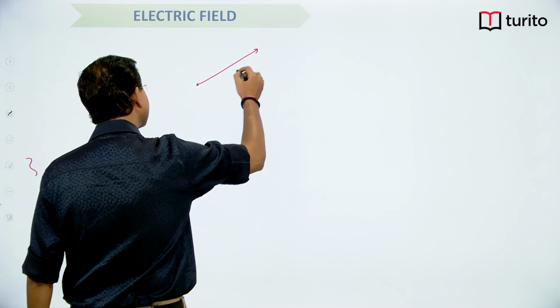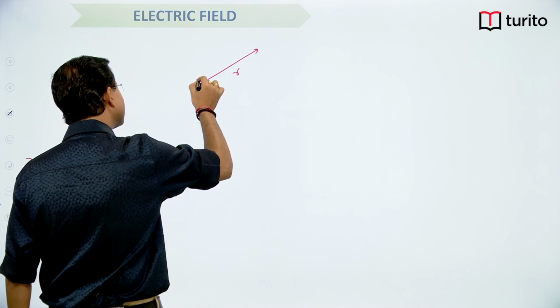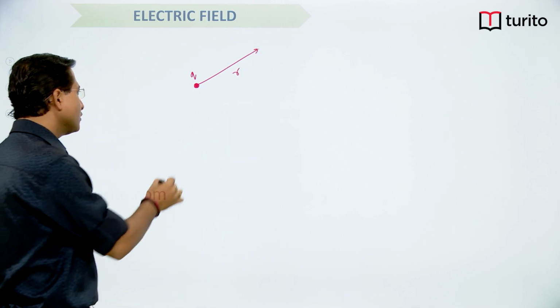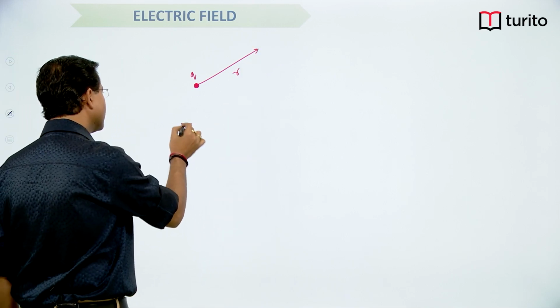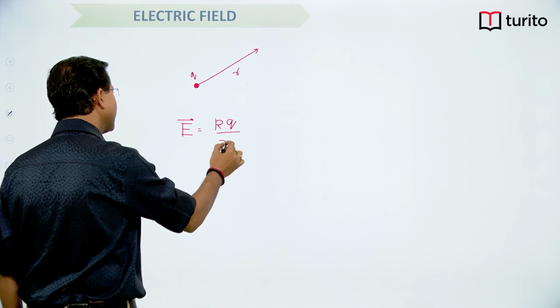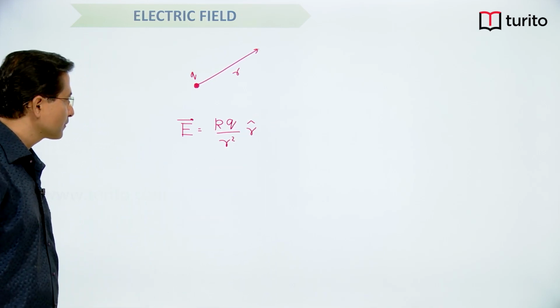So, due to a point charge at distance r, if I want to find out the field, let this charge be q and I want to find out the field at this particular point. The expression we got was kq divided by r square, r unit vector, right.